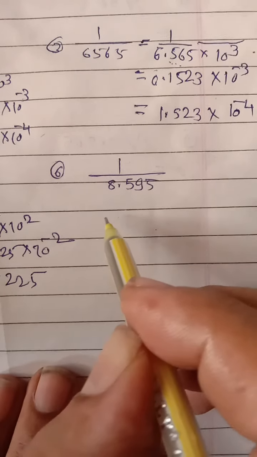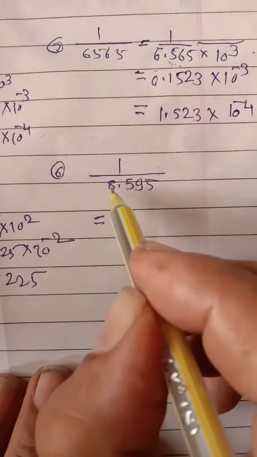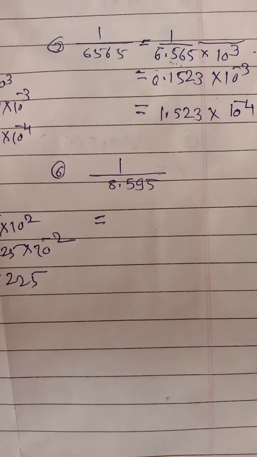Similarly, we will proceed for the next numerical, which is given as 1 upon 8.595, so that it will be equal to 8.5 in the ninth column.